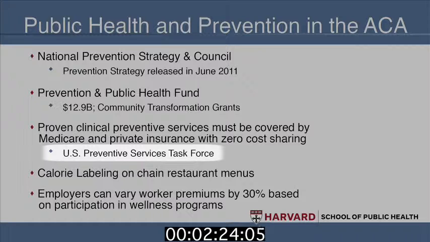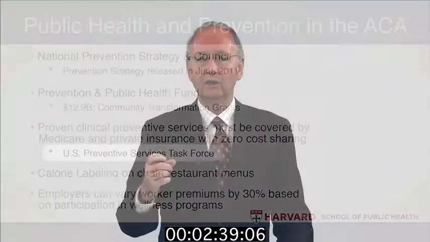There's an organization that's part of the federal government called the U.S. Preventive Services Task Force. It's made up entirely of non-federal employees. Almost all of them are physicians, primary care physicians, and a couple of other epidemiologists and experts. And they look at the evidence for every clinical preventive service.